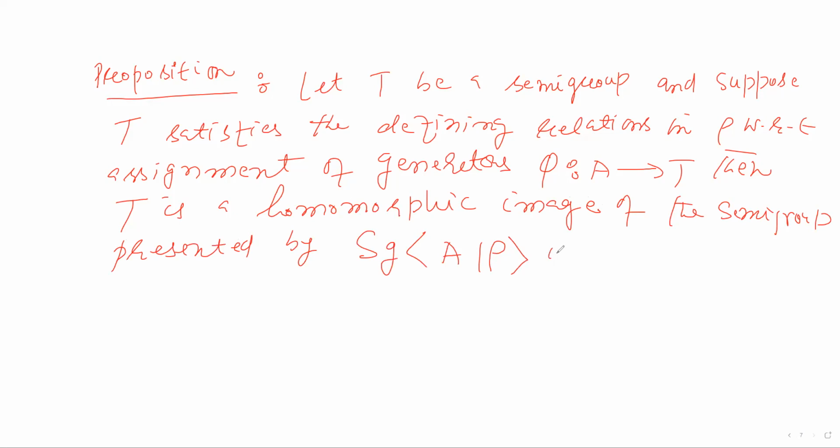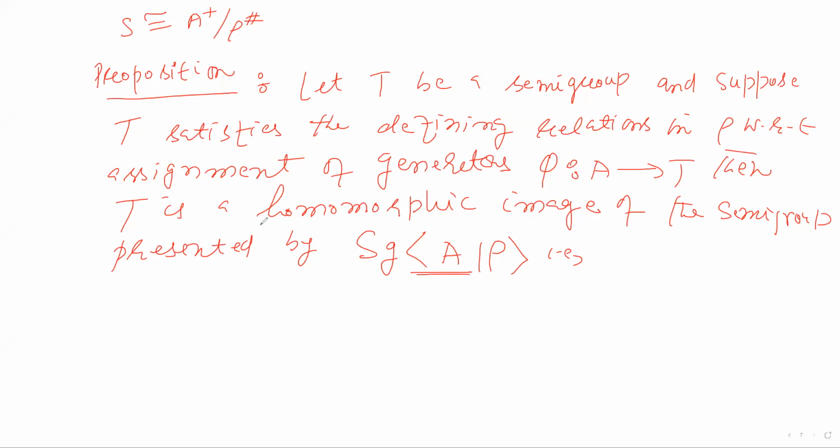What does it mean? It means that there must be an onto homomorphism. Because if S is a semigroup presented by this presentation, then by our definition S is isomorphic to A plus over rho sharp.